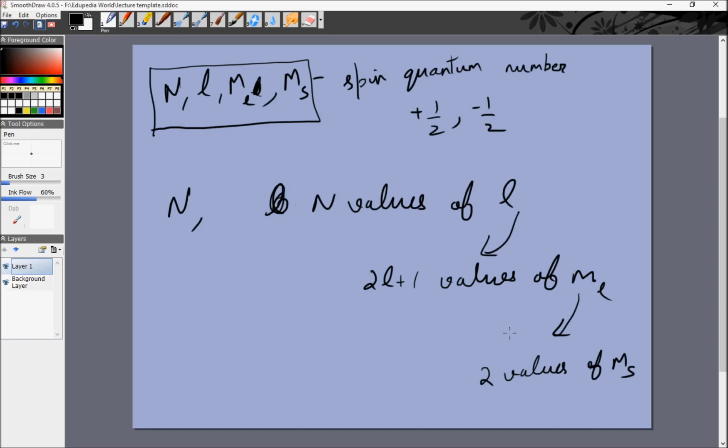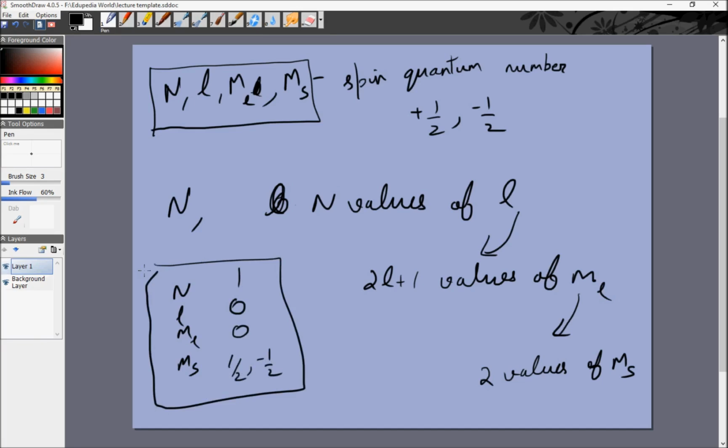So the two electrons in the N is equal to 1 state will have N equal to 1, L obviously 0, ML 0, and MS half and minus half. These are the two electrons in N is equal to 1. What happens when N is equal to 2?